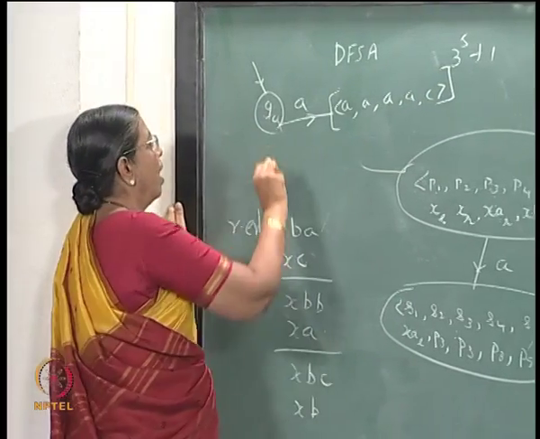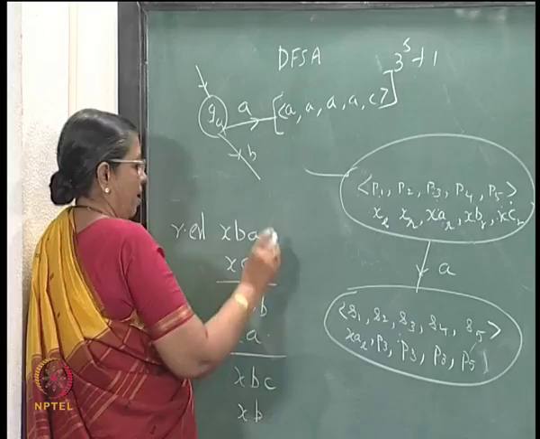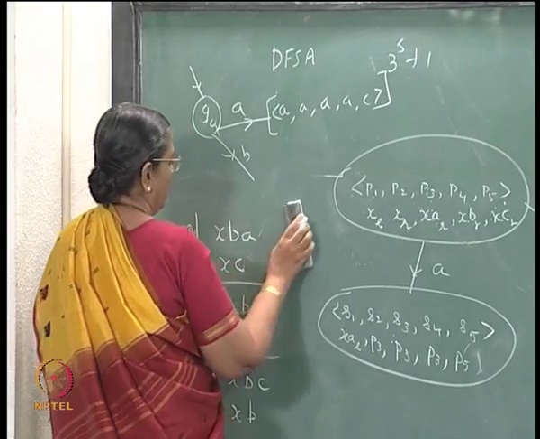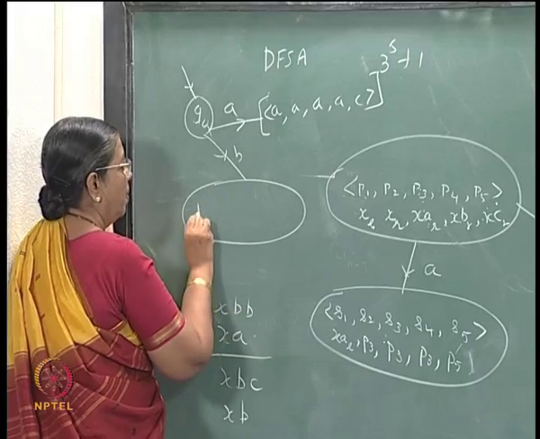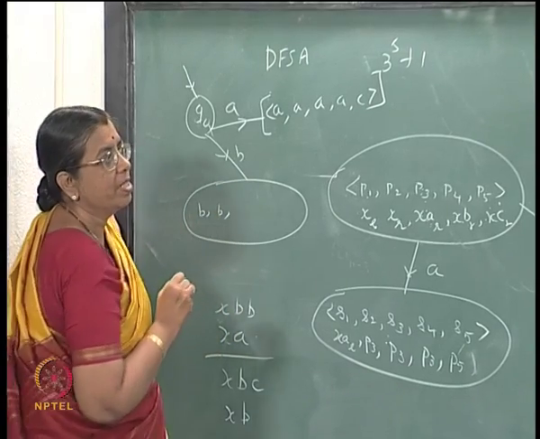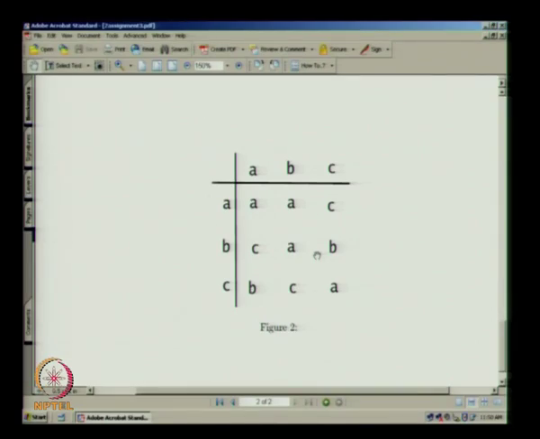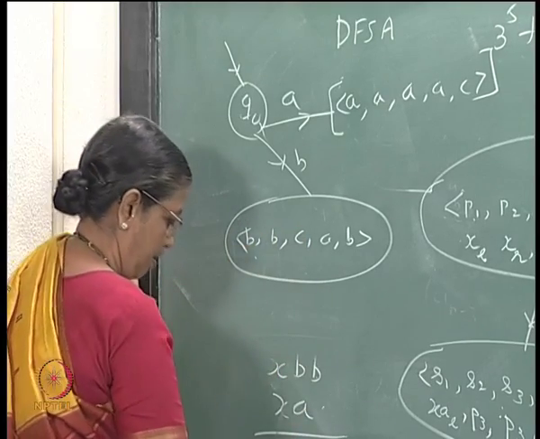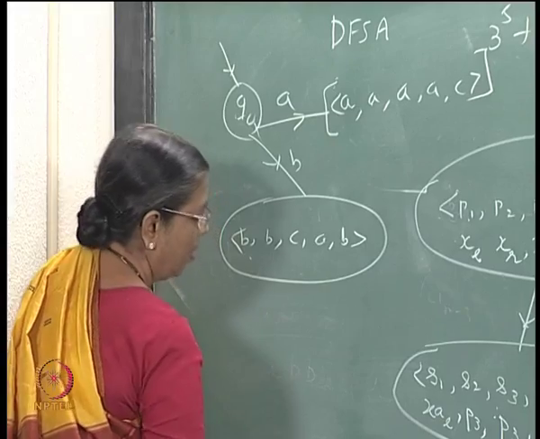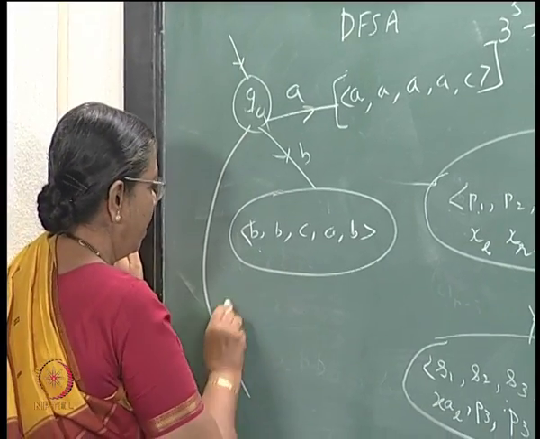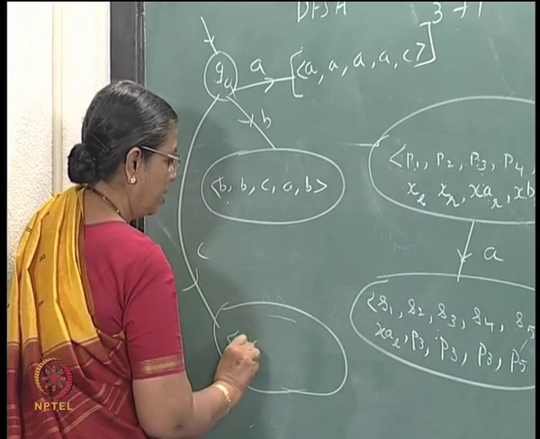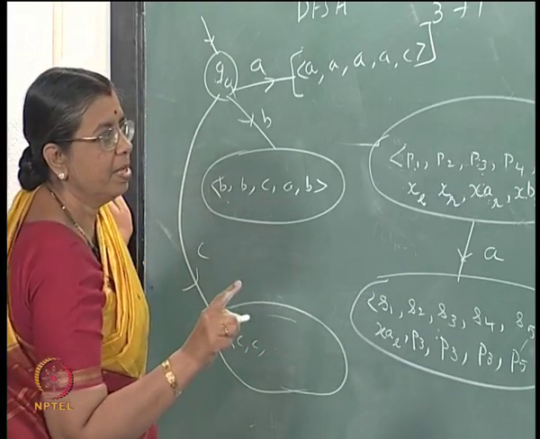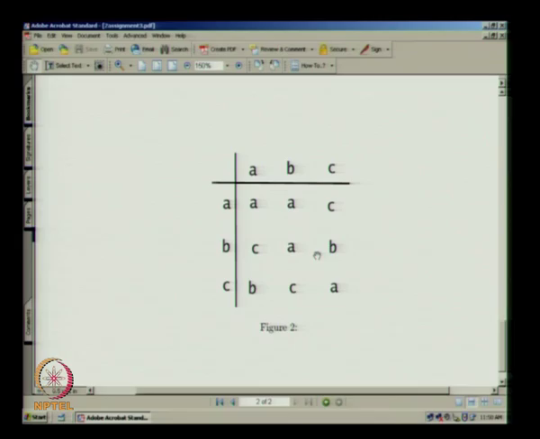After reading a B, you will go to BB, and then BA, BB, BC, that is CAB. After reading a C, you will go to CC, and then CA, CB, CC, that is BCA.